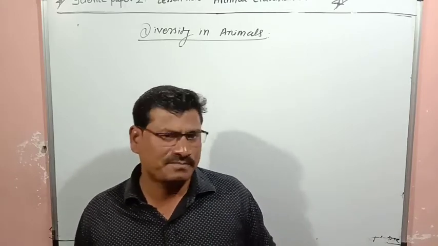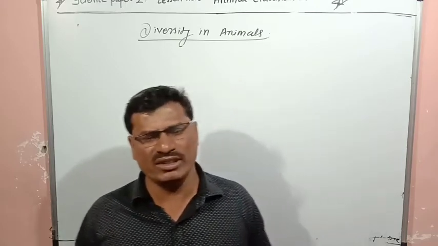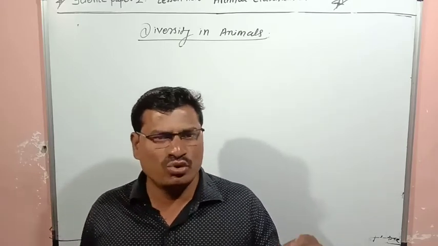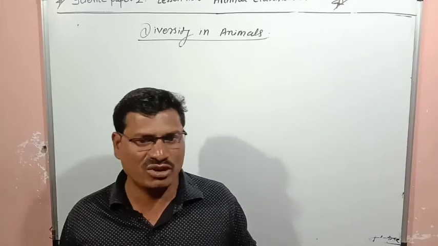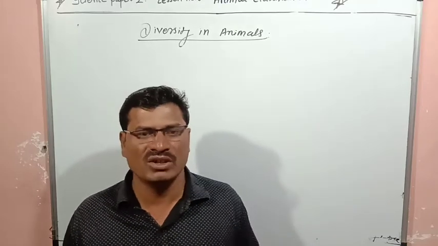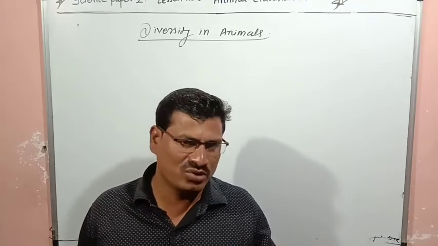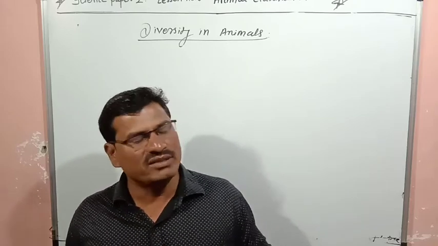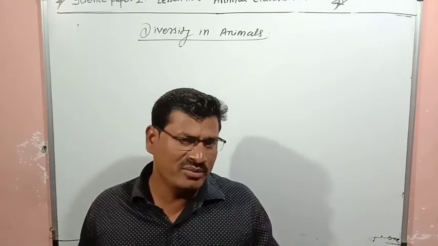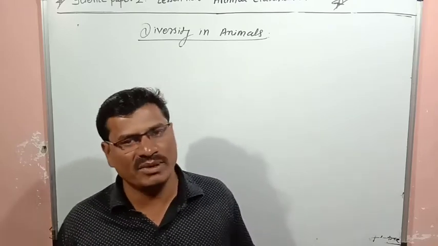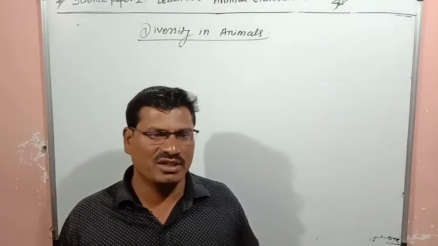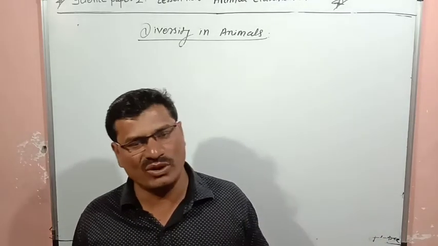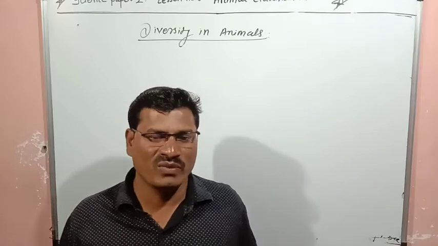In diversity, some animals are too small, some are too big. Some animals are terrestrial, some are aquatic. Some are found in desert, some in polar regions.